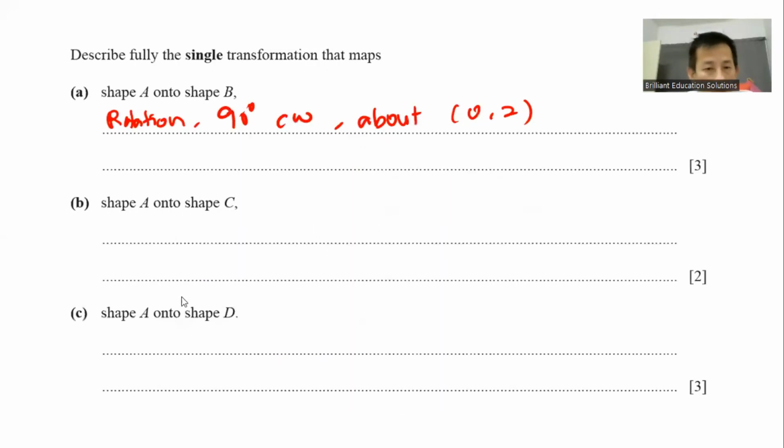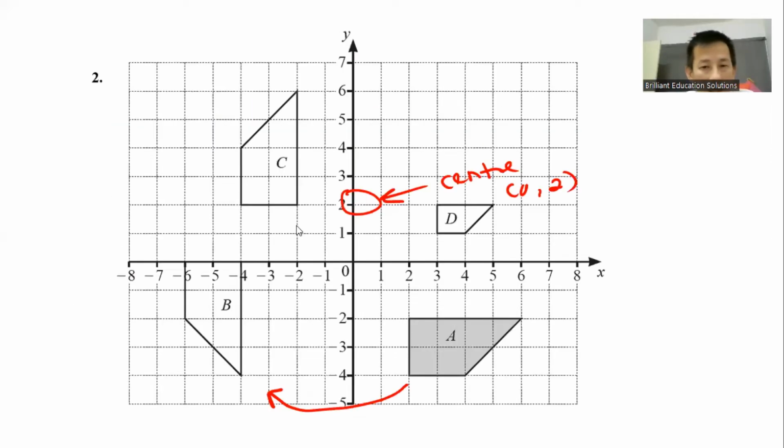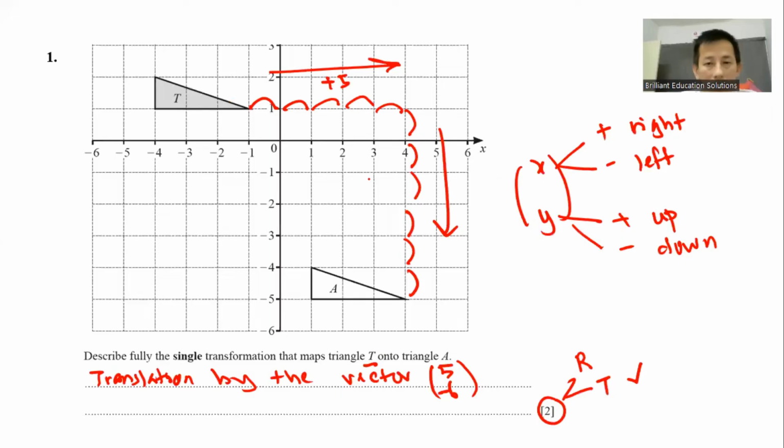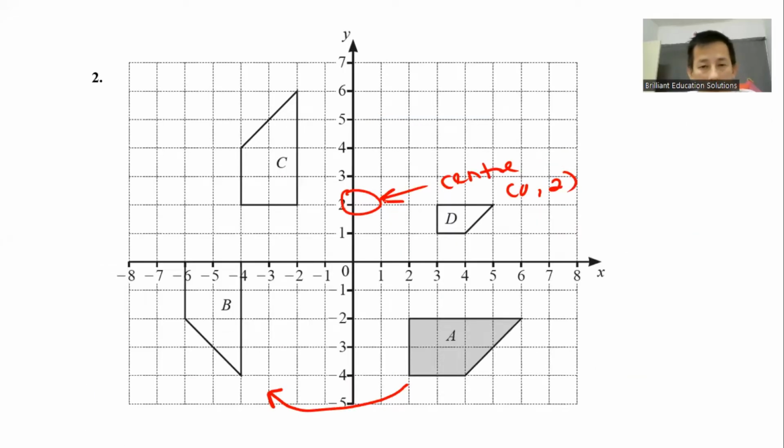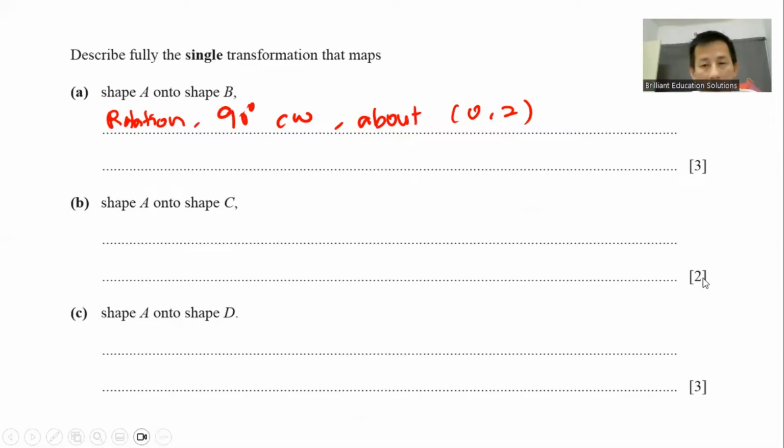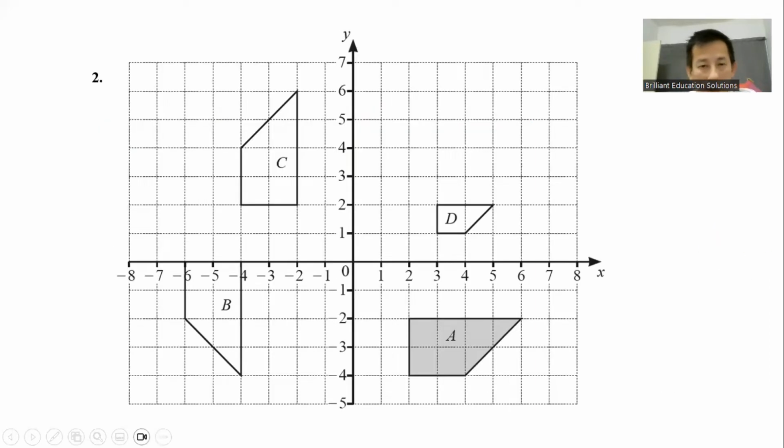Next, shape A to C, and it's 2 marks. 2 marks is either a reflection or translation. So in this case, it will be a reflection. Now we need to find the line of reflection.